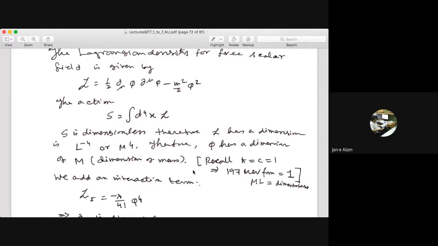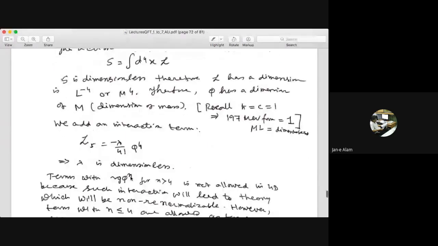And you also know that in natural units, h bar equal to c equal to 1, mass and length have inverse dimensions, right? Because MeV times Fermi is equal to 1, so mass and length have inverse dimensions. So if L has dimension length to the -4, that means it has dimension mass to the 4, right?